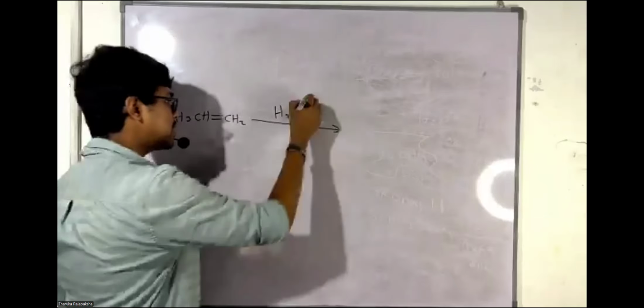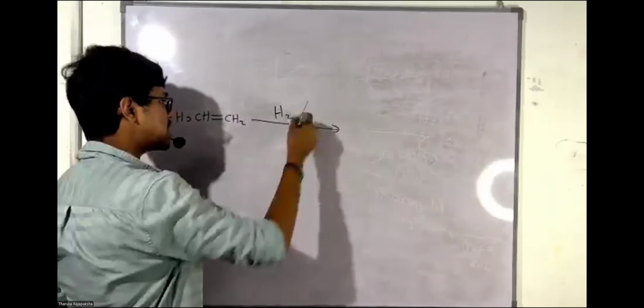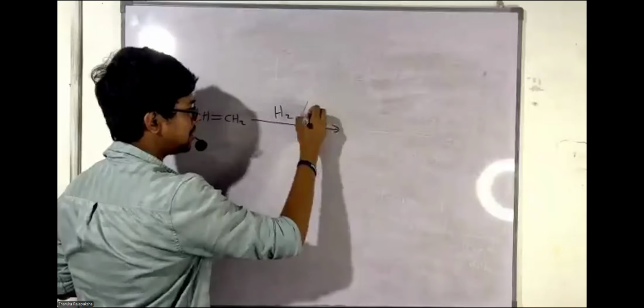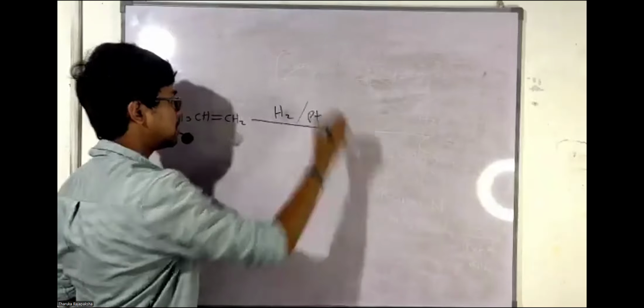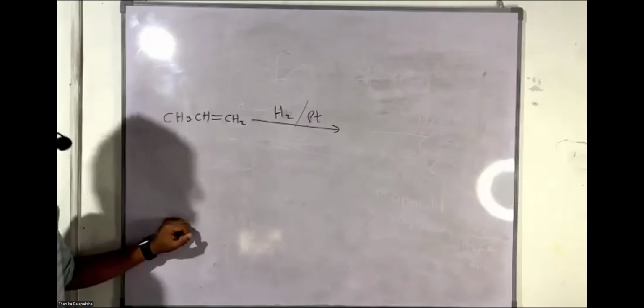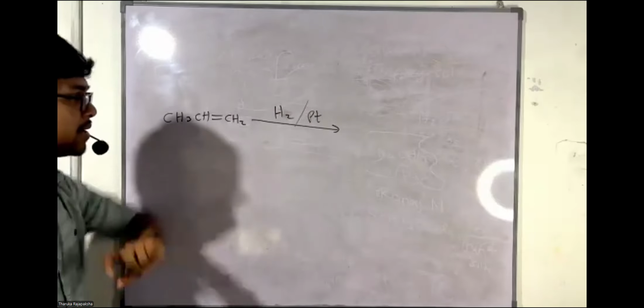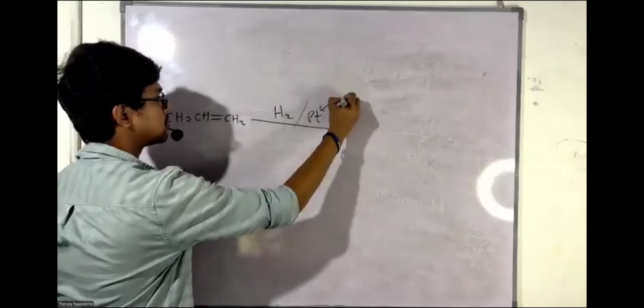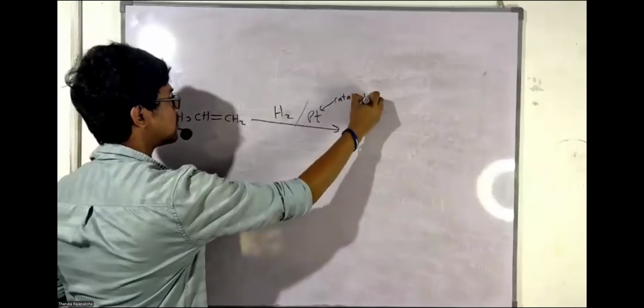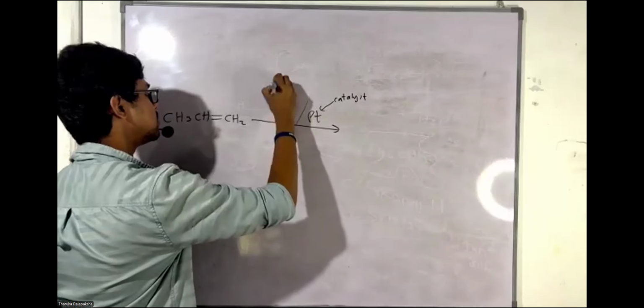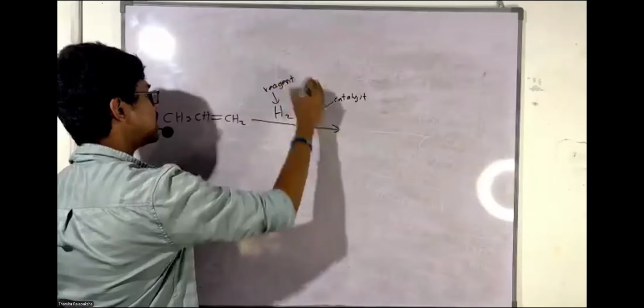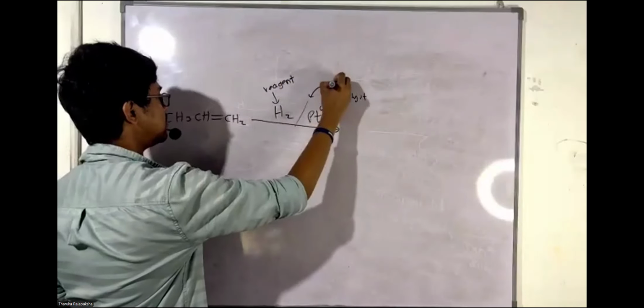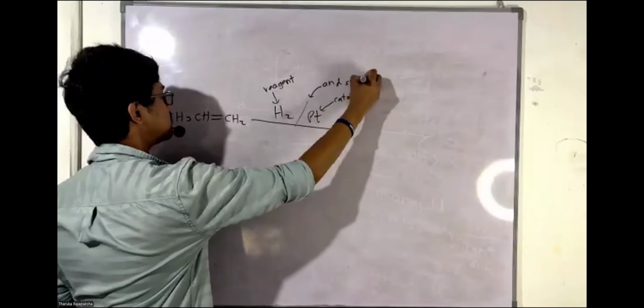Then you can put a slash and write the catalyst. Let's say you're putting platinum here. You have to write the reagent and this is the catalyst. This is the AND symbol, not the O symbol.